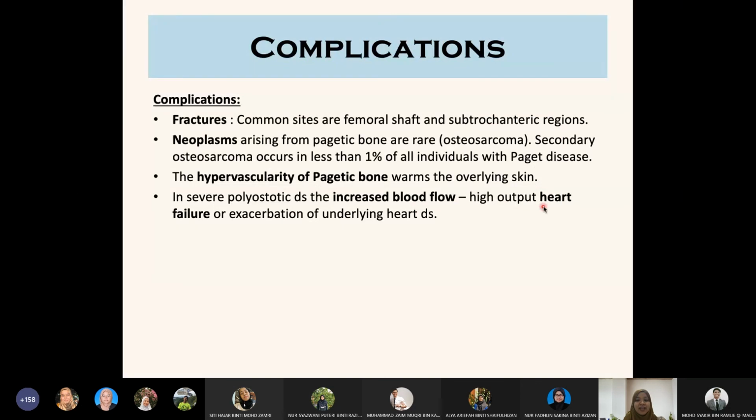So there will be high output, increased demand of the blood, so there will be increased workload of the heart. One of the complications will be high output heart failure, or if the patient already has underlying disease, it will exacerbate the underlying heart disease. So these are the complications of Paget: fracture, neoplasm, hypervascularity, and cardiovascular problems.